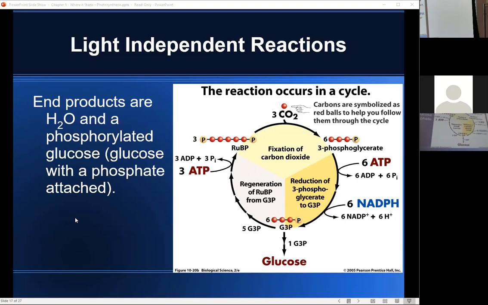It can use it to make disaccharides. Or it could use it directly as energy. Remember, glucose is a primary energy source. So the end products are a phosphorylated glucose and water. Here's the phosphorylated glucose right down here.